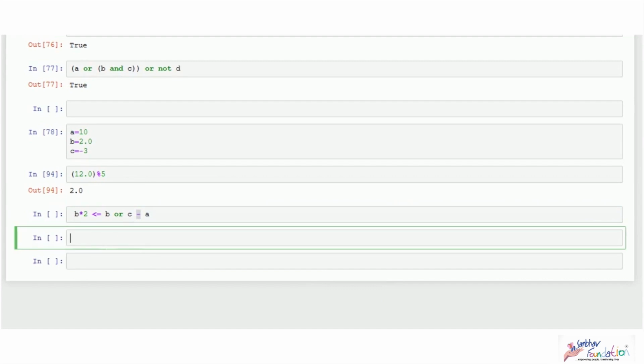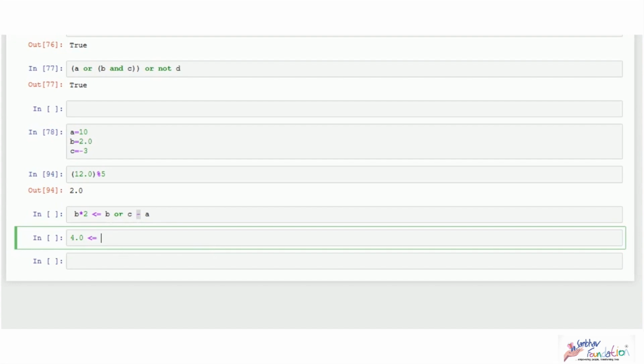So first evaluate your arithmetic expressions, arithmetic operators. We don't have any brackets, so we can directly evaluate this. The value of b is 2.0, so 2.0 into 2 is 4.0, and we have less than or equal to, then we have b again.